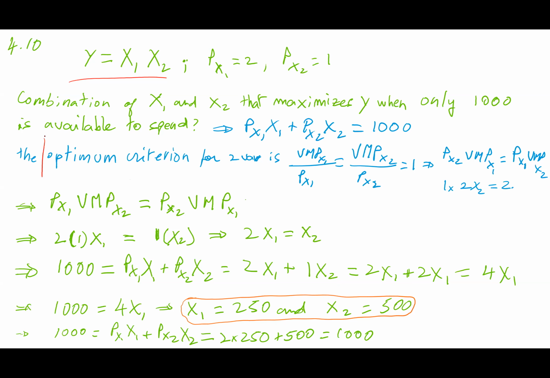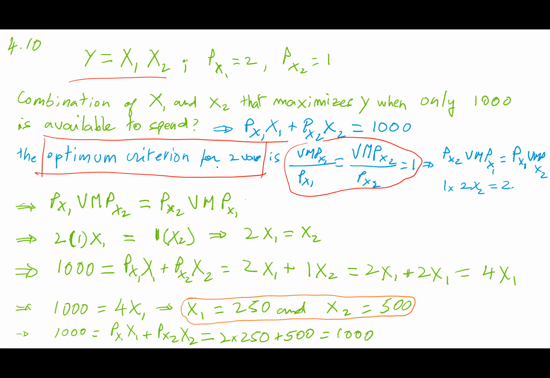We're asking for the optimum criterion for the two variables, and that optimum criterion for two variables is this formula here that we used before. You apply that, and it really goes smoothly. Here are the simple functions.